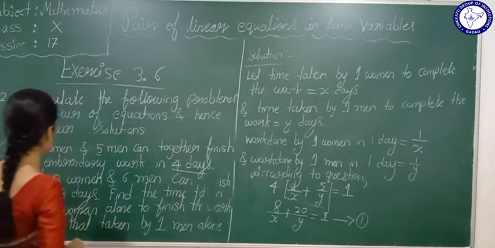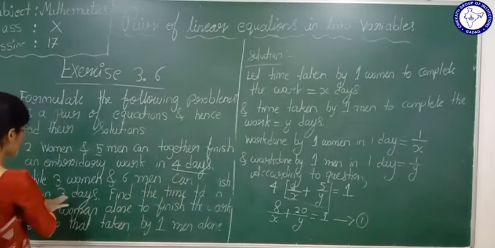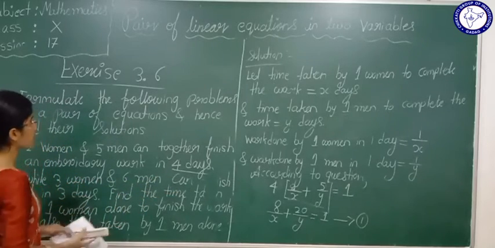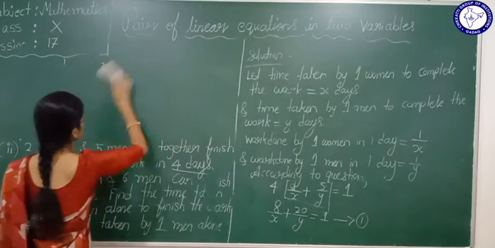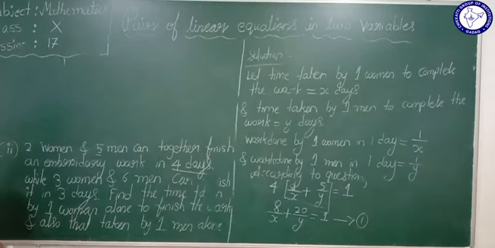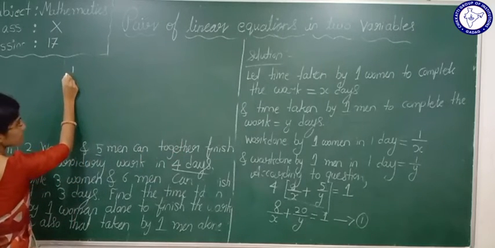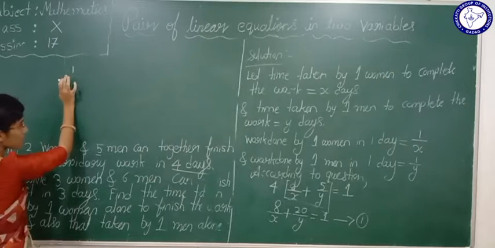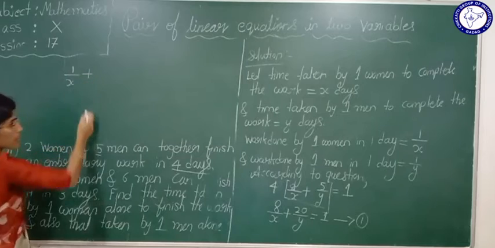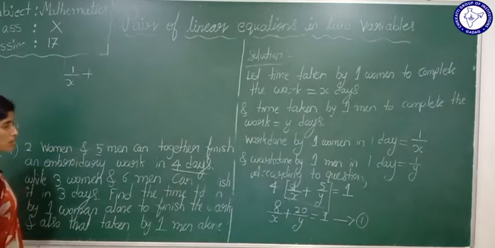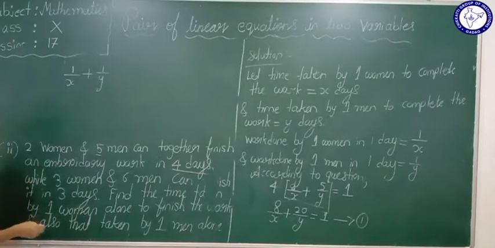Similarly, now see here, 3 women and 6 men can finish it in 3 days. One woman can do 1 by x work in 1 day, and one man will do 1 by y work in 1 day. Now see the second condition.